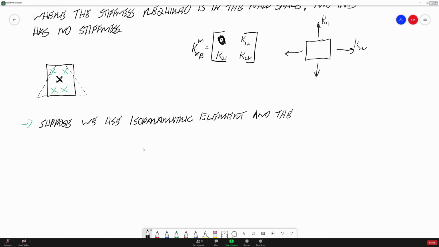And the shape functions, I'm just going to say ASF, shape functions, are polynomial in xi, nu, and, what is that guy called?